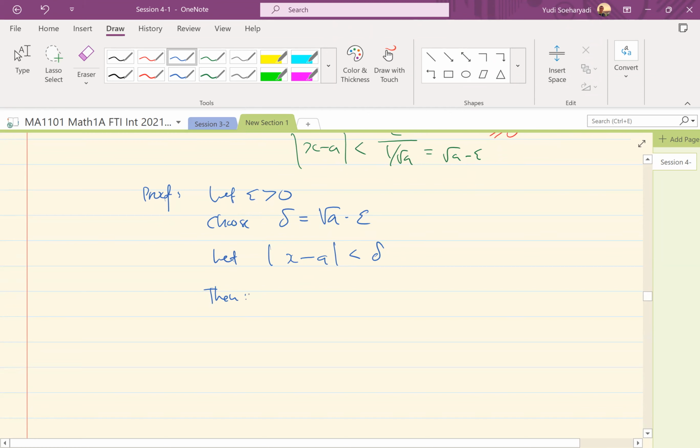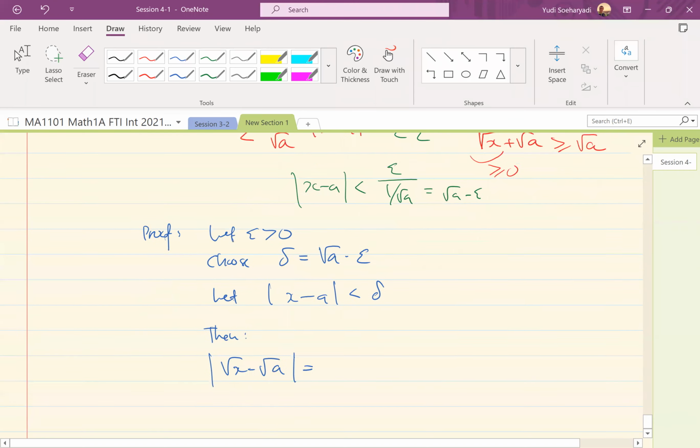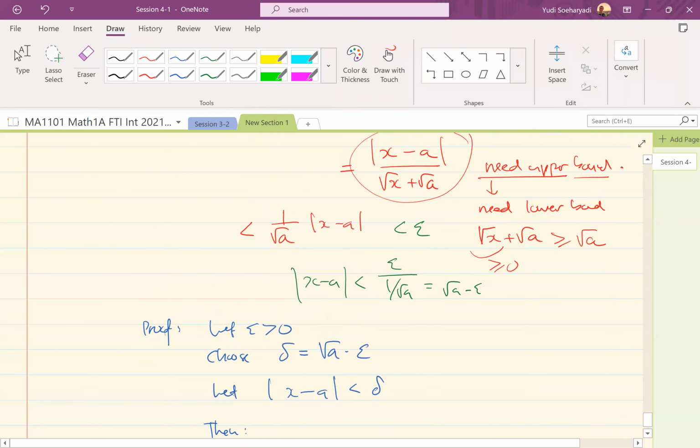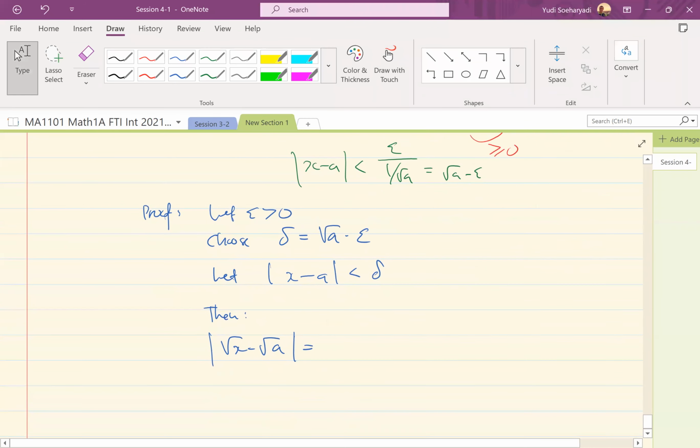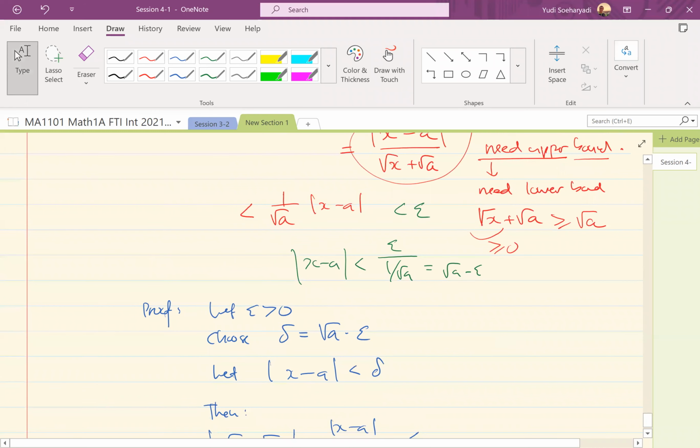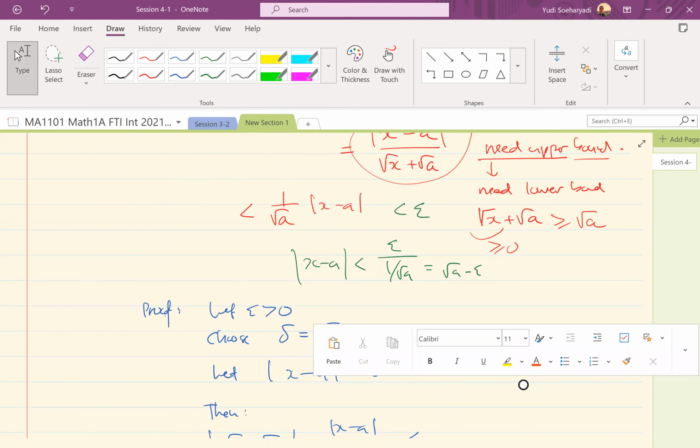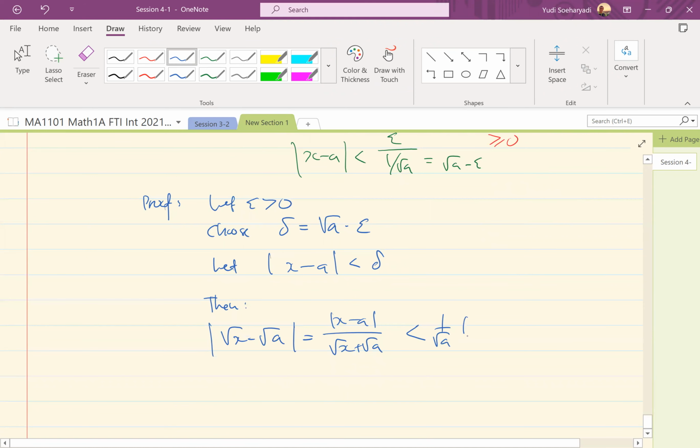Then rewrite the computations. Square root of x minus square root of a is, well, we have this one, x minus a over the denominator. Okay, so this is smaller than, and we assume this is less than delta.